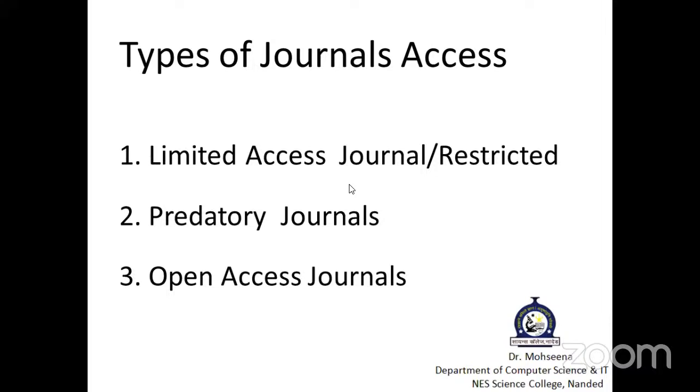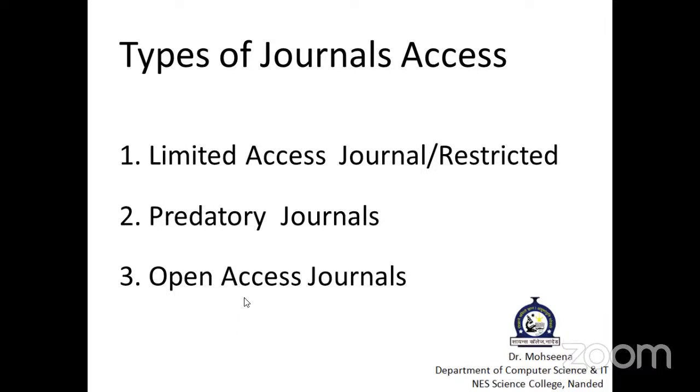It is not accessible in the traditional one. That is the first one. Here the author is not paying a single rupee. Is that clear? It is called a limited access journal, restricted one, or traditional journal access. These are the 3 names given to it.